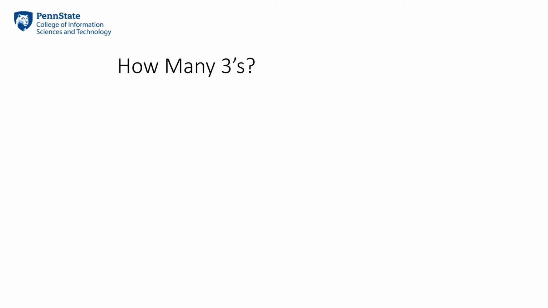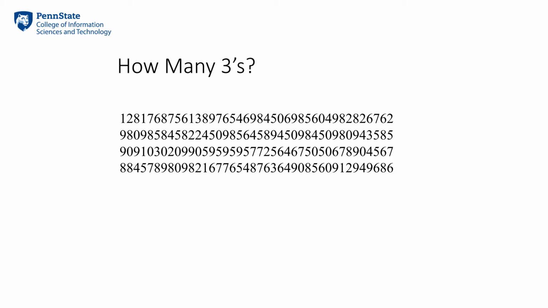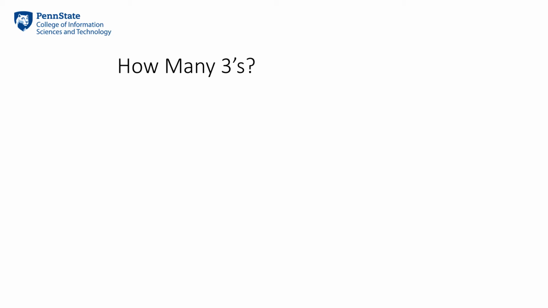Let's do another experiment. Watch the sequence of numbers I'm going to show you. Please tell me how many threes are in this picture. Now, do you have your answer?